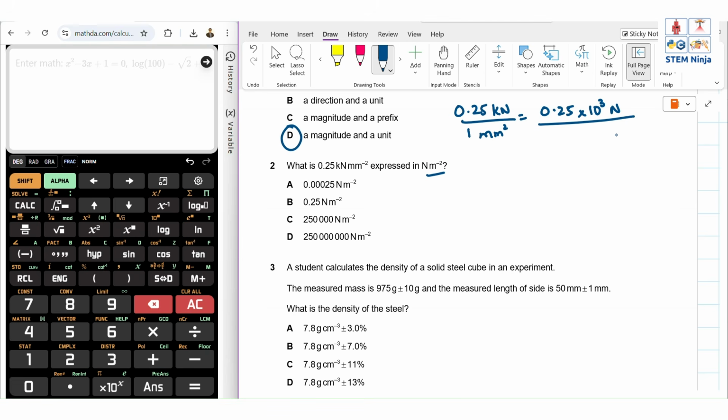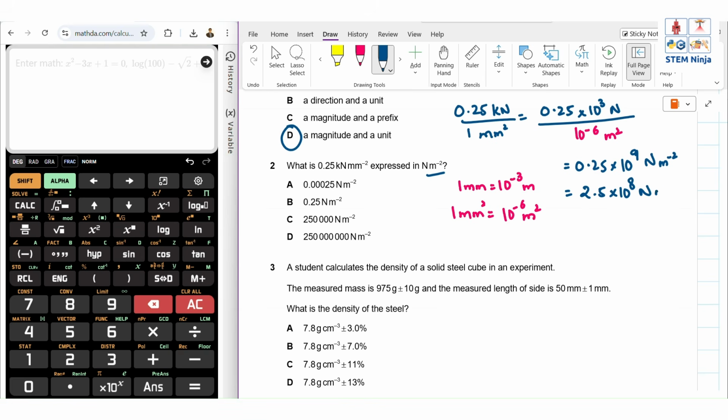And to go from 1 millimeter squared to meter squared, you need to remember that 1 millimeter is 10 raised to power minus 3 meters, so 1 millimeter squared would be 10 raised to power minus 6 meters squared. Once we take it on the numerator, this becomes 3 plus 6, 9, Newton per meter squared, and when we convert this into standard form, this will be 2.5 times 10 raised to power 8 Newton per meter squared.